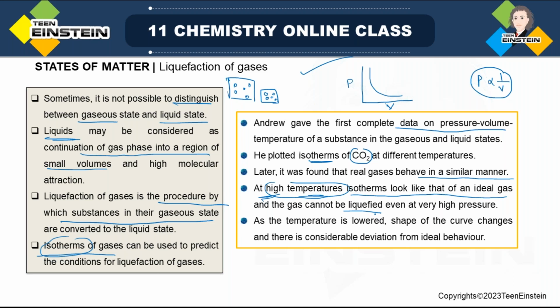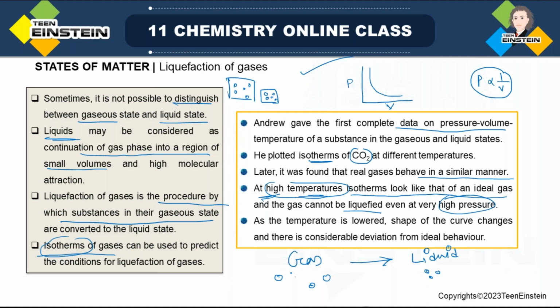So different gases have different values of a particular temperature above which the liquefaction process is not possible, even if the pressure is very high. Because when you are changing the state from gaseous to liquid, two things you have to keep in mind. When it is gas, the particles are far from each other, but when they are liquid, they are close to each other.